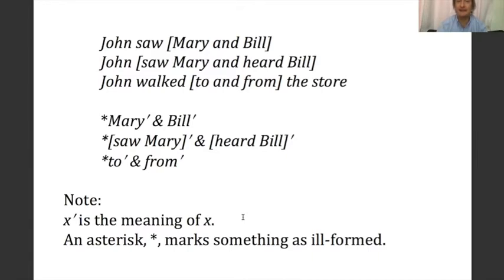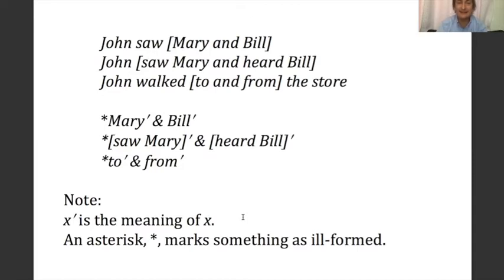But since we defined logical and as an operator that combines propositions, we can't analyze these sentences as shown here. We can't use logical and to connect the meaning of Mary (I used that little prime on Mary to indicate that we're talking about the meaning of the word, not the word itself) and the meaning of the word Bill. It can't connect the meaning of the verb phrase "saw Mary" with the meaning of the verb phrase "heard Bill."